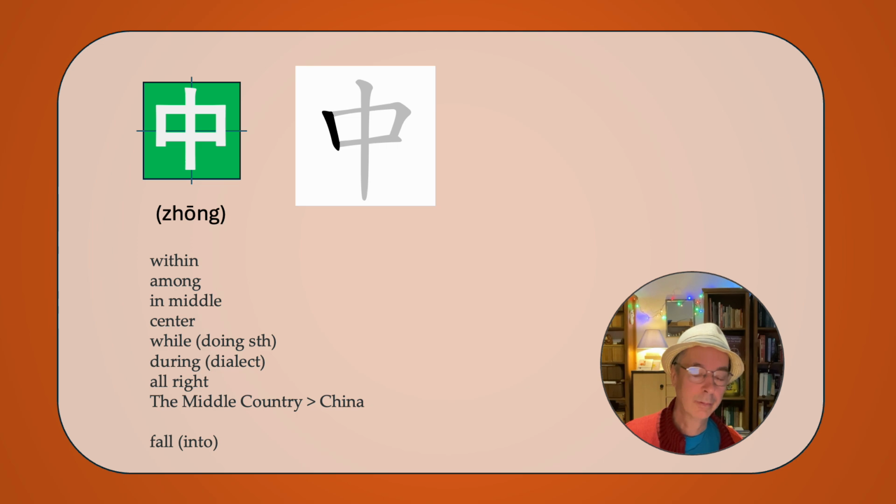Here you have zhōng, which, if I open up a library book, or a book where it explains what it means, I have here a couple of meanings: within, among, in the middle, center, while doing something, or during, in a dialect sense, or right, or it's even used for, let's say, the middle country or China.